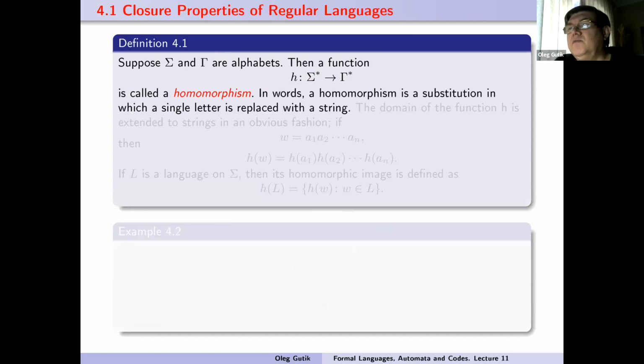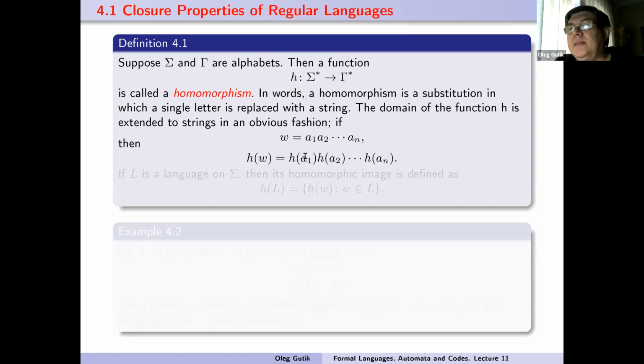In words, a homomorphism is a substitution in which a single letter is replaced with a string. The domain of the function h is extended to strings in an obvious fashion: if w is equal to a1 a2 and so on up to an, then h of w is equal to h of a1, h of a2, and so on, h of an.